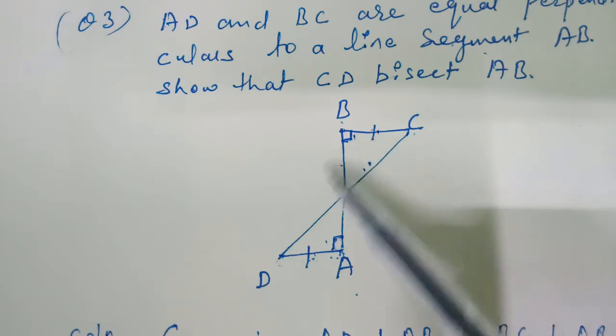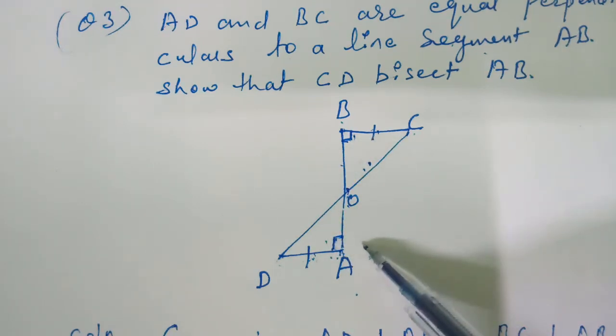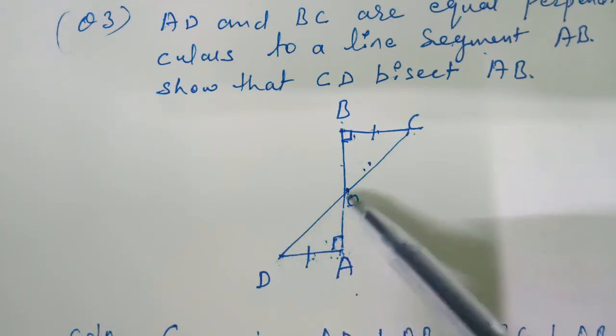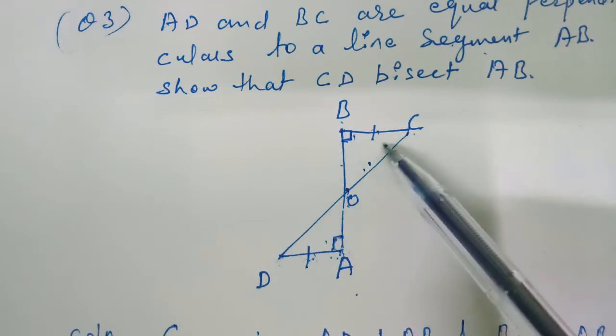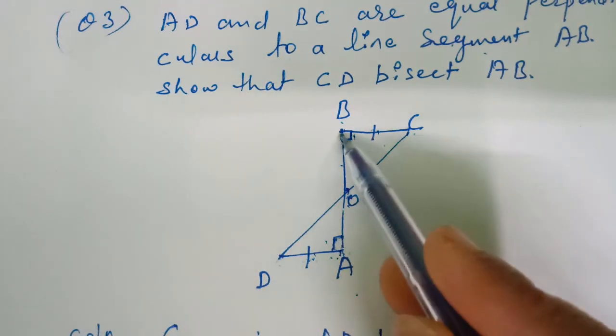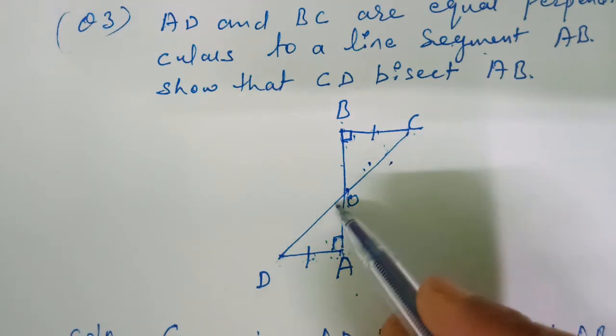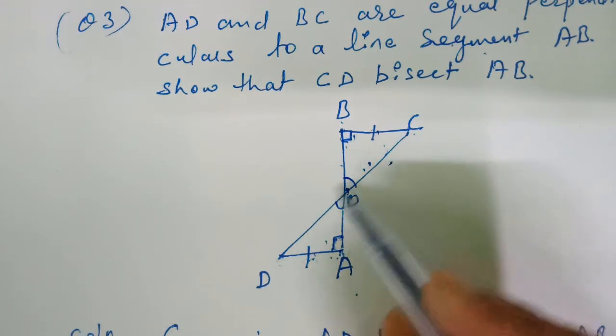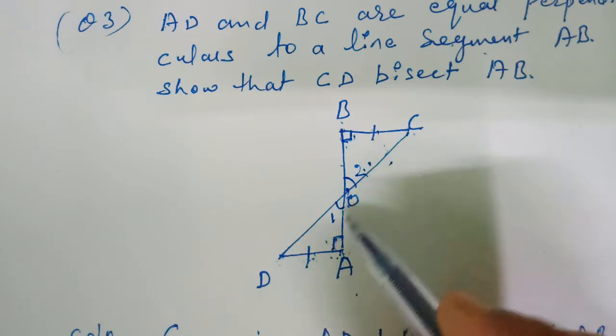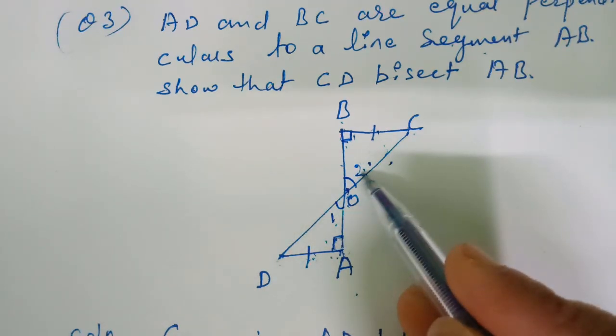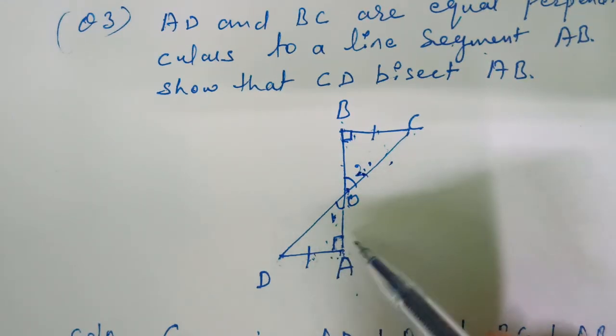Here we are not observing any common part because this triangle and this triangle both are separate. If we observe, these two lines are forming intersecting lines. So we can say angle 1 and angle 2 are vertically opposite angles. So the third part we get: angle 1 equals angle 2, vertically opposite angles. We have got three parts.